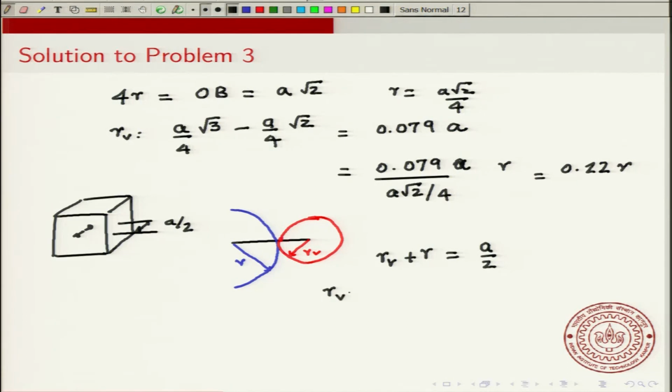So RV is equal to A by 2 minus R, and now we use the expression for R, A root 2 by 4, and this works out to about 0.158 A. So it's actually nearly twice that of the tetrahedral void. And you can also work it out: it comes out to about 0.43 R.